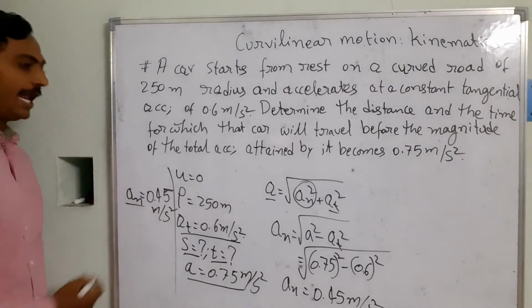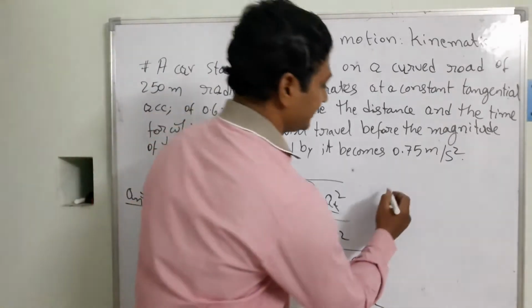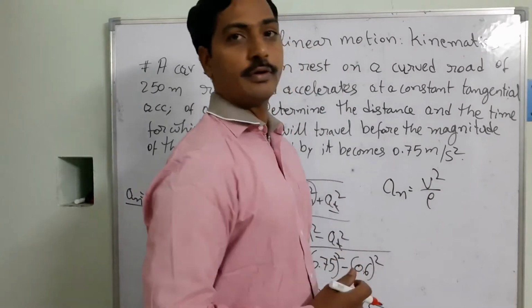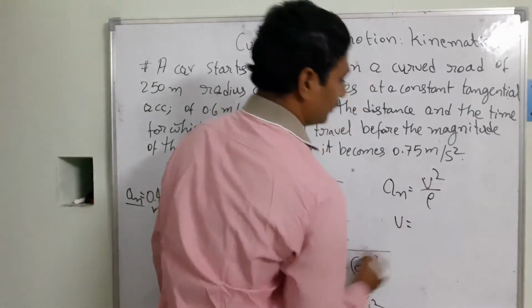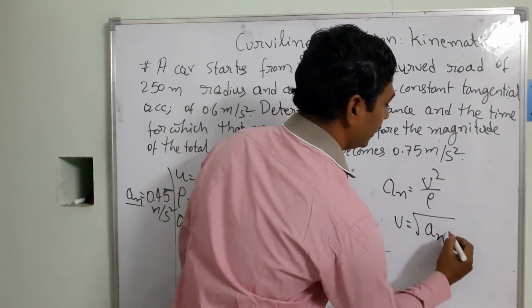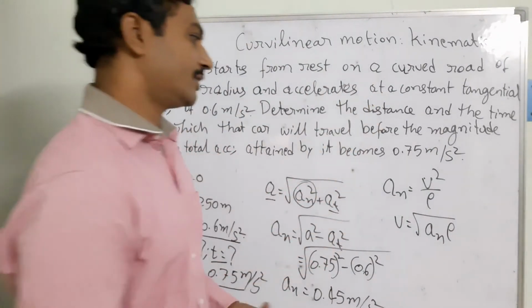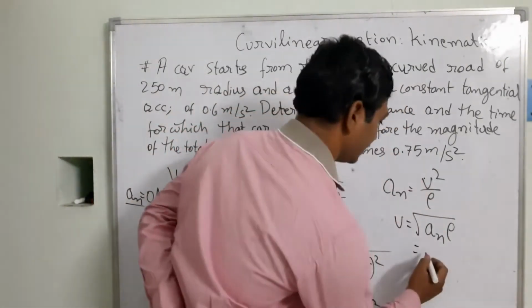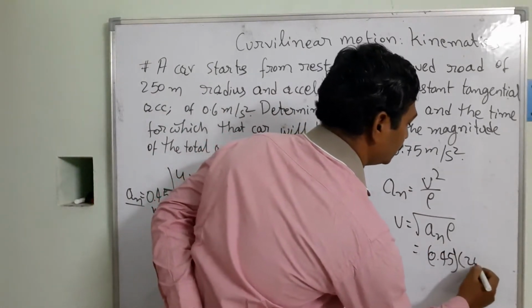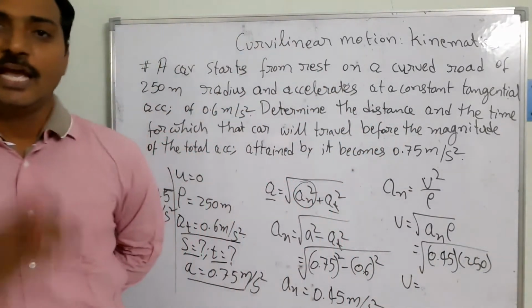Once I got the an, I want to calculate the velocity at that point. An is equal to v squared by rho. From this, v is equal to the square root of an into rho, that is the normal acceleration into the radius of curvature. Substituting 0.45 into 250 meters, what is the velocity at that point?